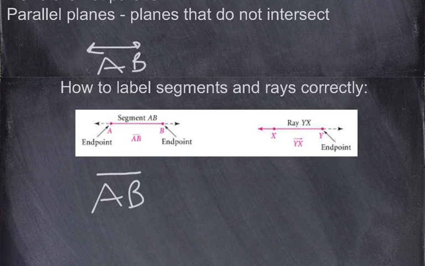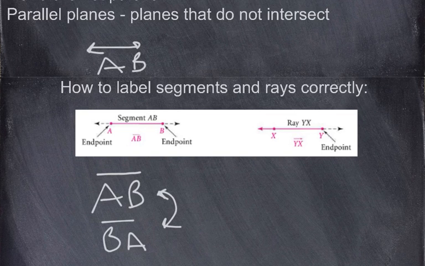You would not put arrows in order to signify that it is a segment that you're talking about. With a segment you could also go in reverse, and it means the same thing. These two right here are not different segments. You're talking about the same segment.